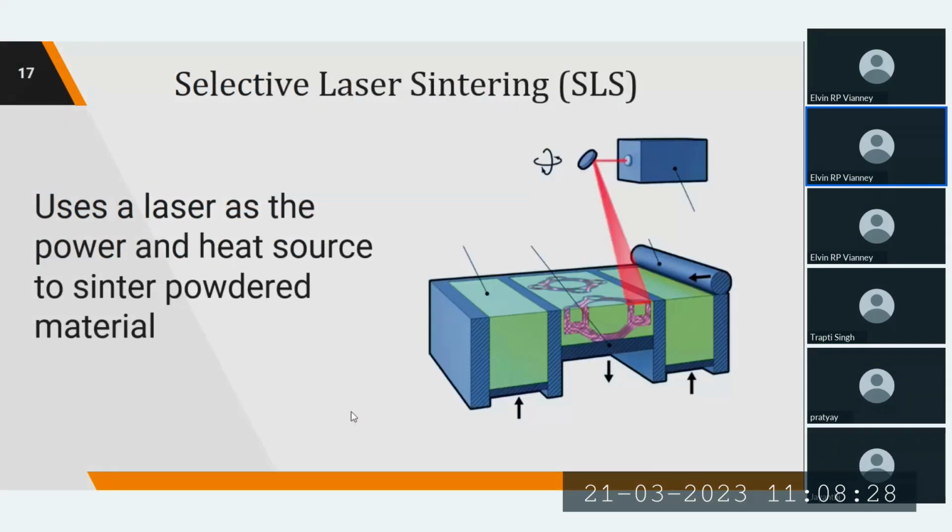The next one is SLS, selective laser sintering. In this process, a laser is directed onto a powder bed. The powder material will get completely melted, and the melted material will in turn create a pattern so that the first layer will be created.